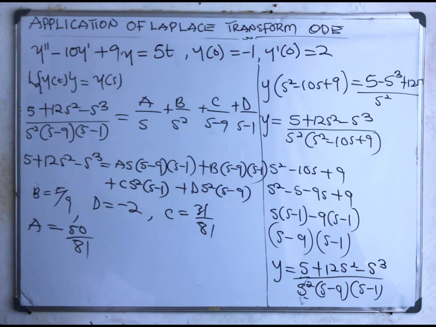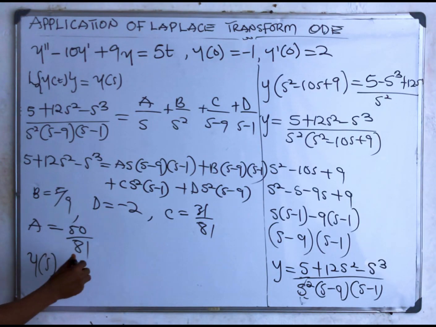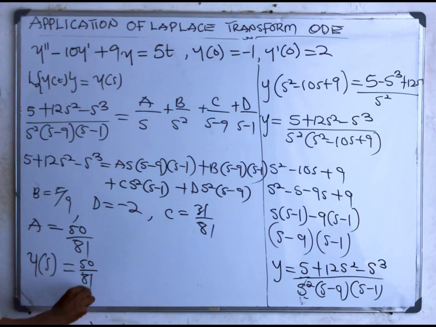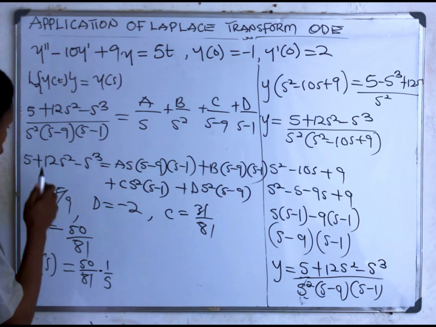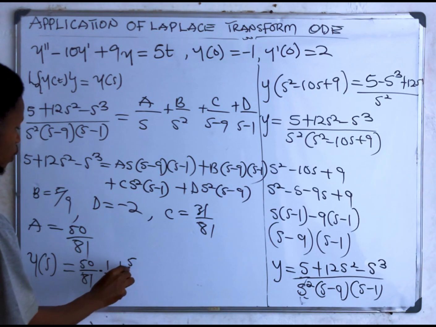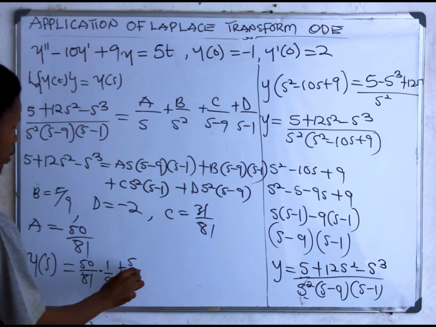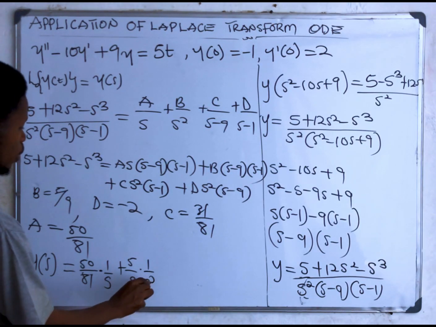So you're going to have Y at s equals, now my A is 50/81, so I have 50/81 times 1/s, so that it will be clear. My B is 5/9, so plus 5/9 times 1/s squared.